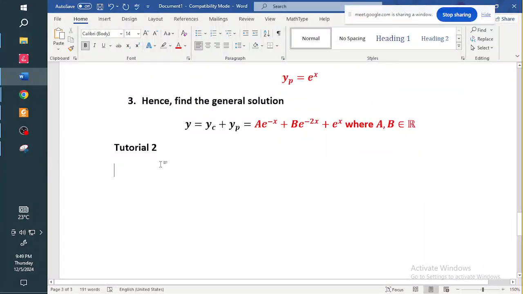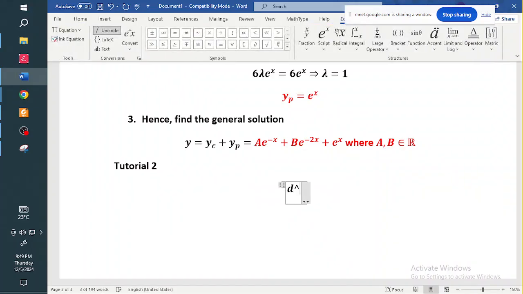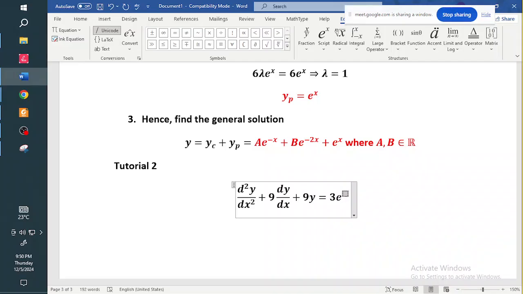Okay. Now, let me take a situation where the particular integral will also depend on a complementary function. So let's say we have d squared y by dx squared plus 6 dy by dx plus 9y is equal to, let me say, 3e to the power negative 3x.